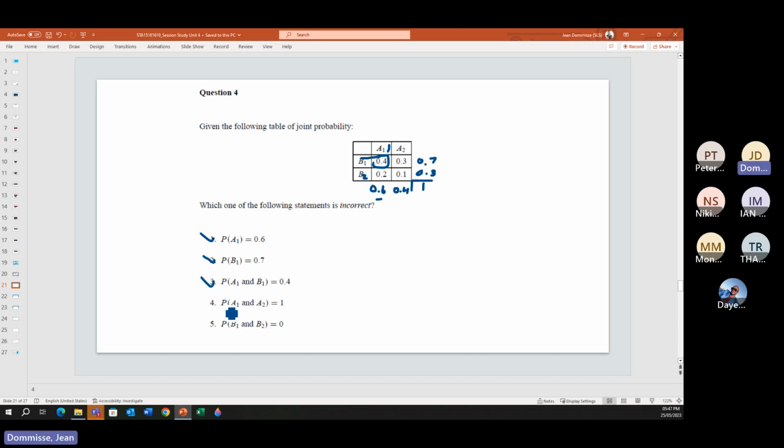Then the second one: what is the probability of A1 and A2? So can A1 and A2 happen at the same time?